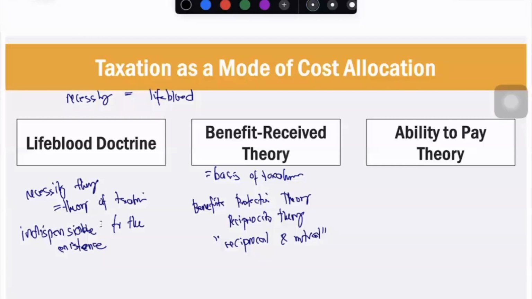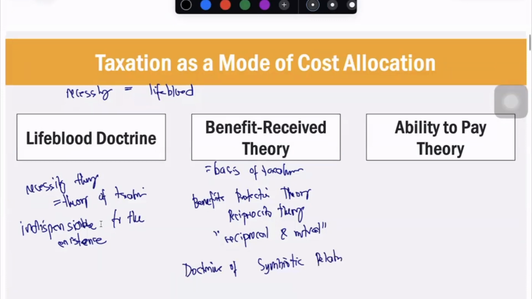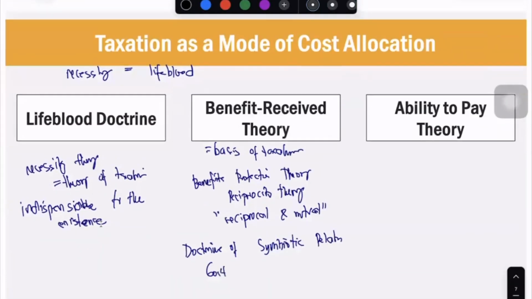The government and the people have reciprocal and mutual duties for support and protection. Sometimes we also call this one as the doctrine of symbiotic relationship. Why again? Again, the government provides services to the people.